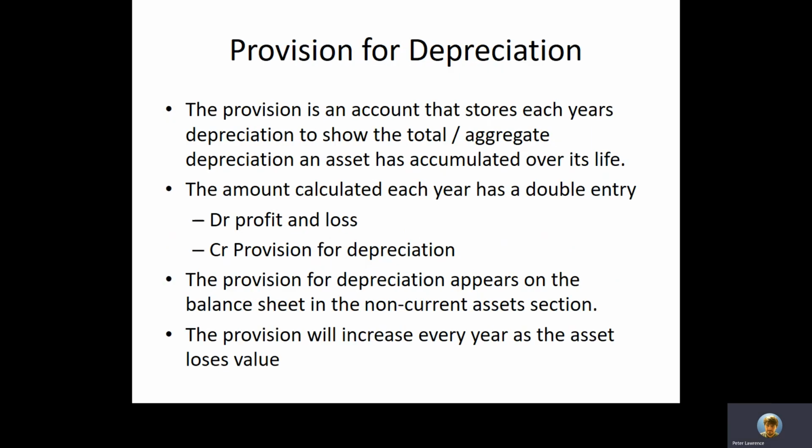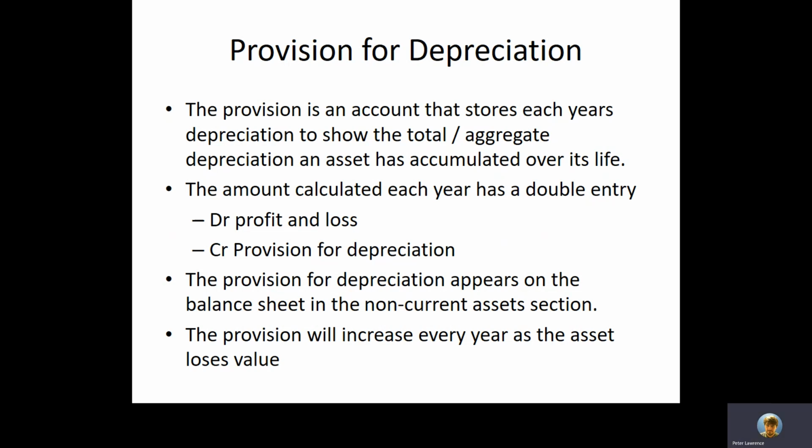That double entry goes to the provision for depreciation. Now, the provision for depreciation appears on the balance sheet, and the provision is the total amount of all those expenses added together. So when you create the expense, you will debit the profit and loss, or as we've said, debit a depreciation expense, and you'll credit the provision.